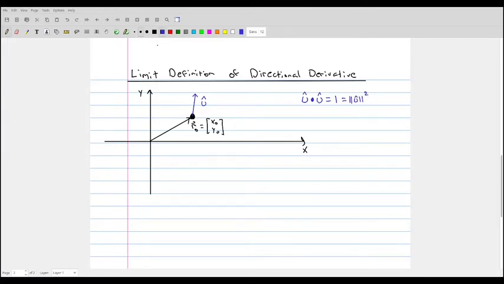This is important because we need a unit vector in order for this to not depend on the path of approach. So again, u hat is a unit vector, or a vector of length 1.